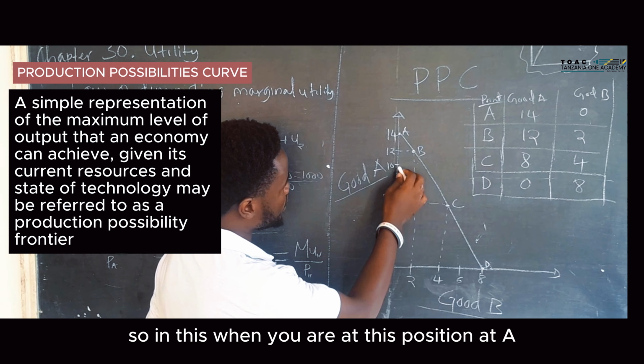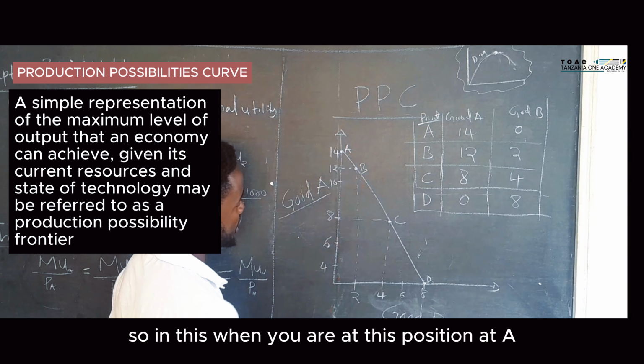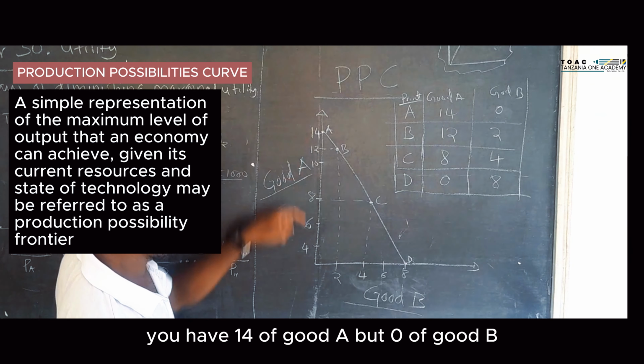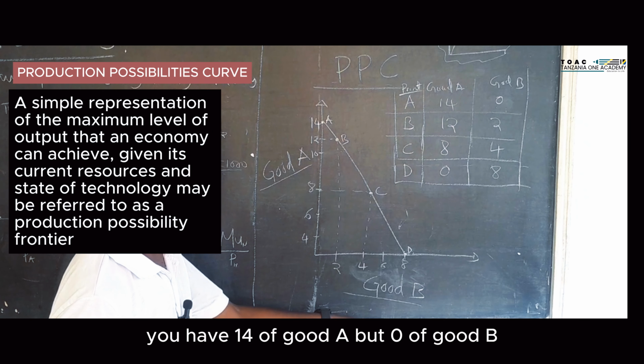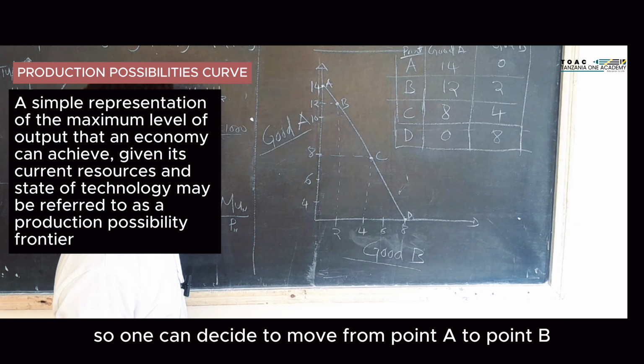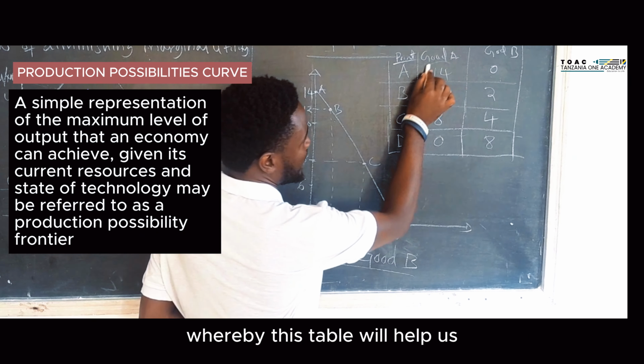So when you are at position A, you have 14 of good A, but 0 of good B. One can decide to move from point A to point B, whereby this table can help us.